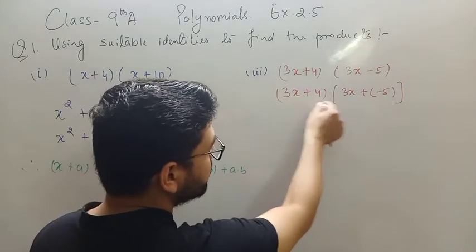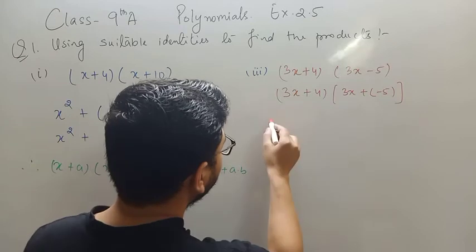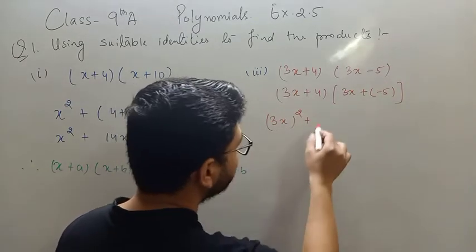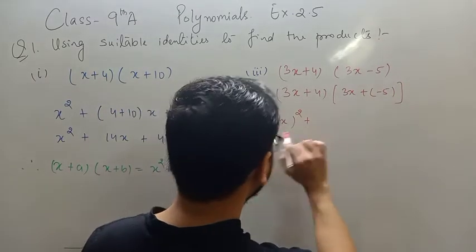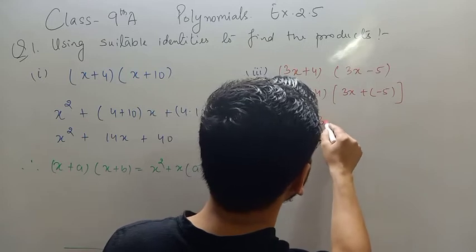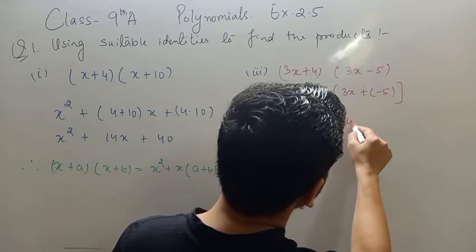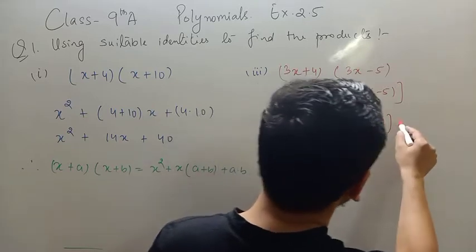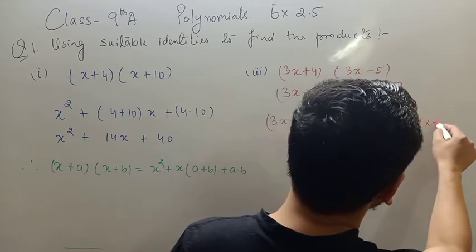Now you can write (3x) square plus 3x into (4 plus minus 5) plus 4 into minus 5.